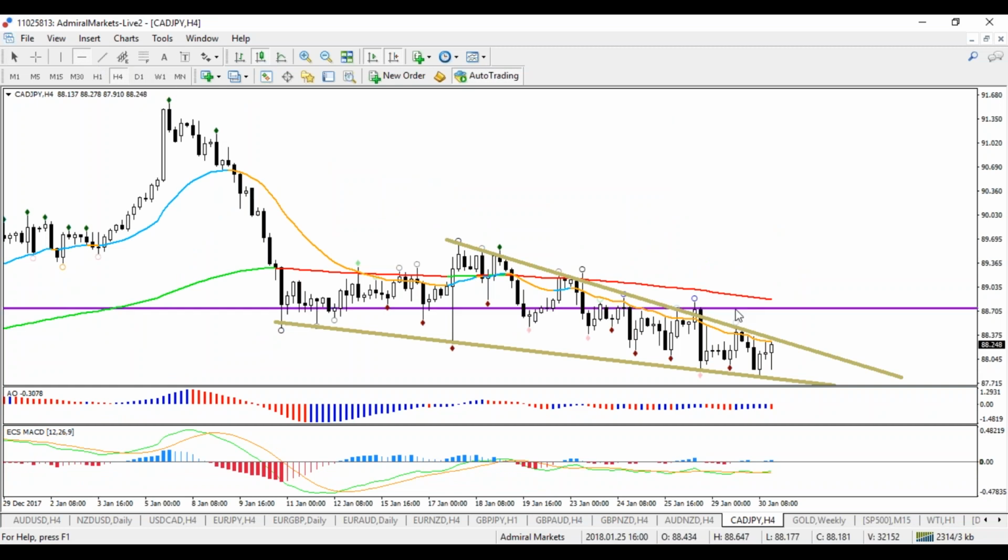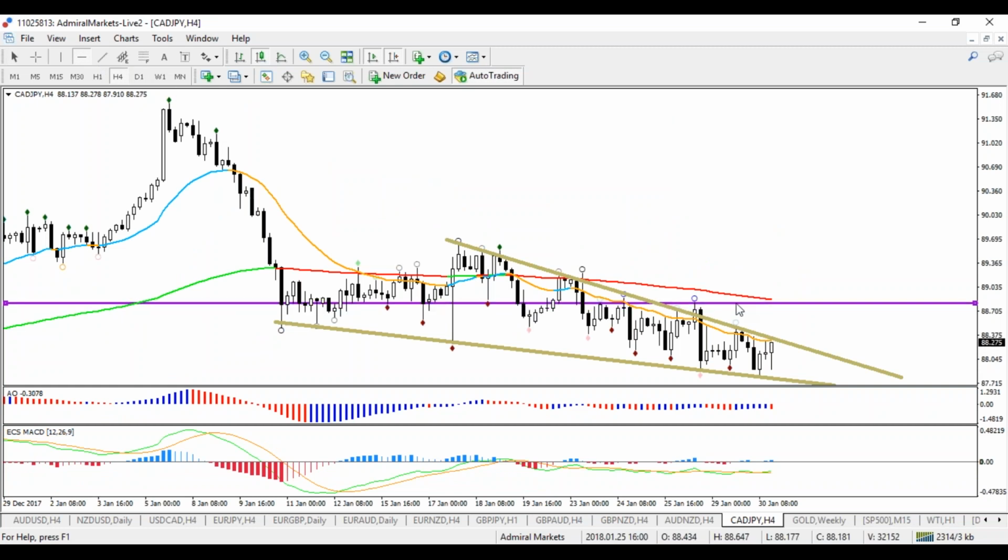I would probably need to see price break above this fractal. Some candle can break above it, I think, for the moment. Otherwise, it looks a little bit risky to trade the immediate breakout, I would say.